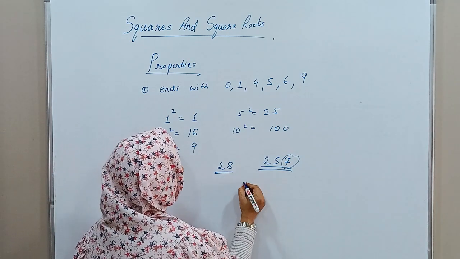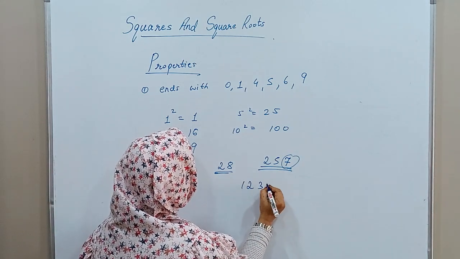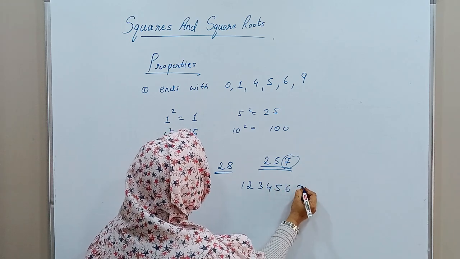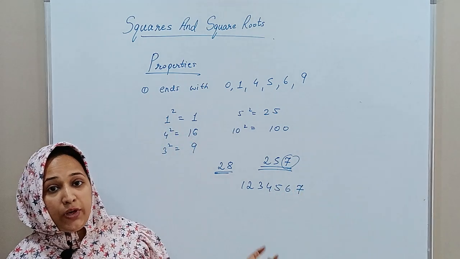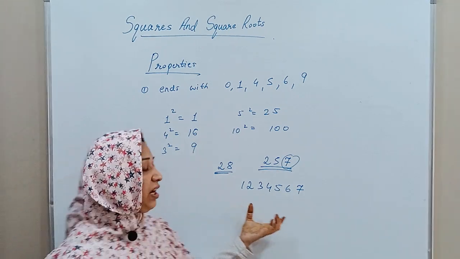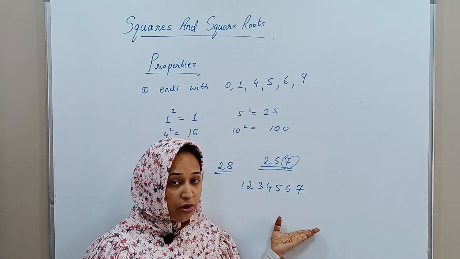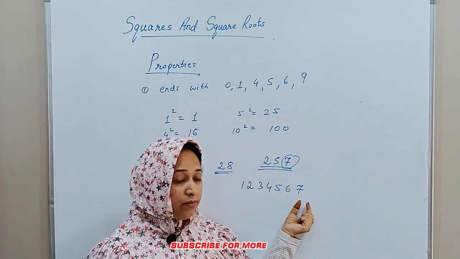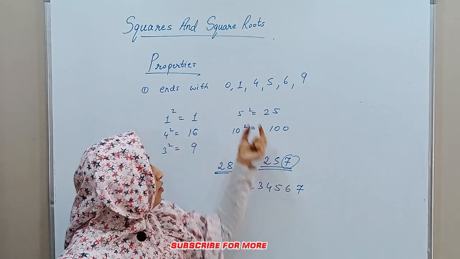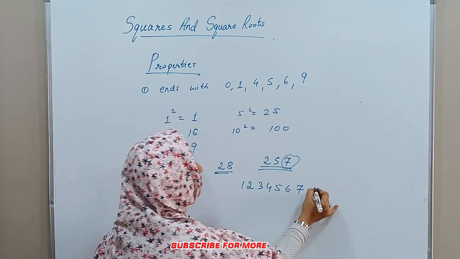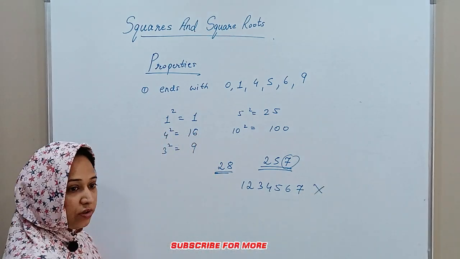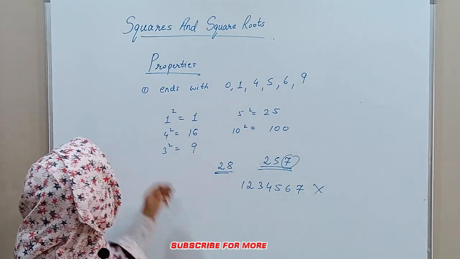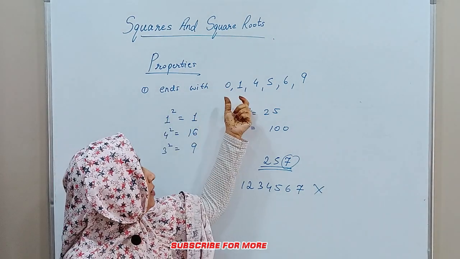If I have a number like 1234567, it is a very big number, but to check whether it is a perfect square or not, we only check the unit place digit, that is 7, and it does not match the property, so this is also not a perfect square. So this is the first property, which says that any perfect square ends with 0, 1, 4, 5, 6 or 9.